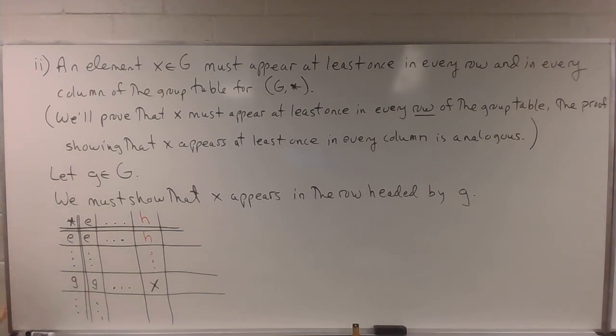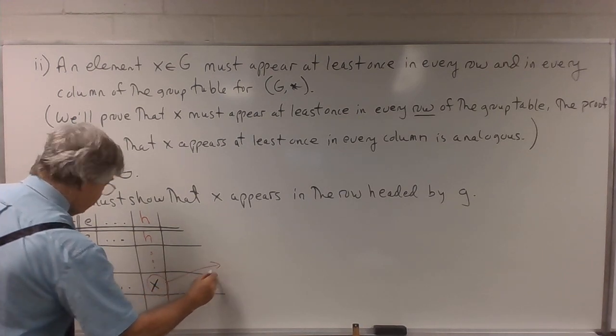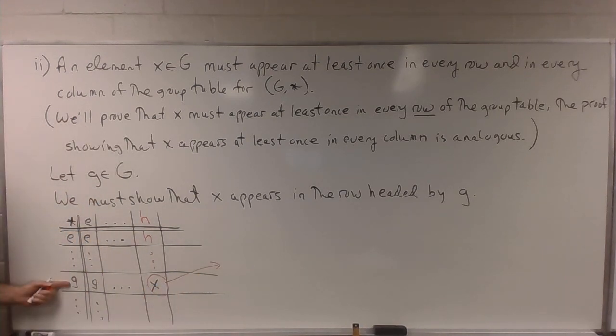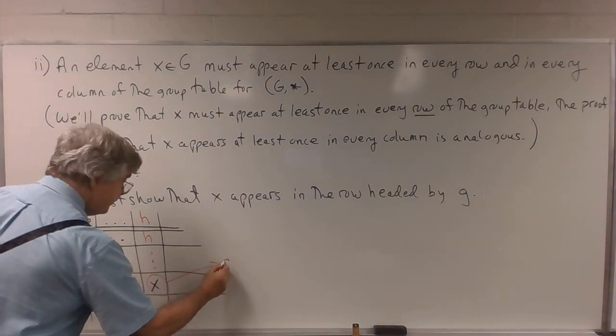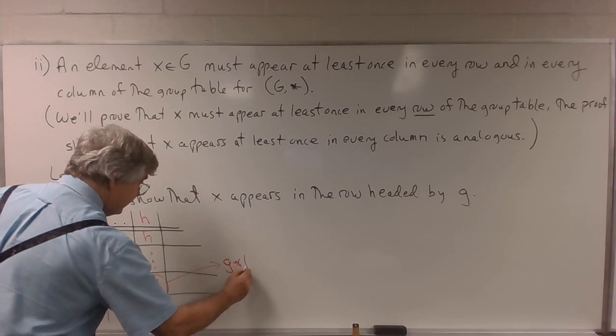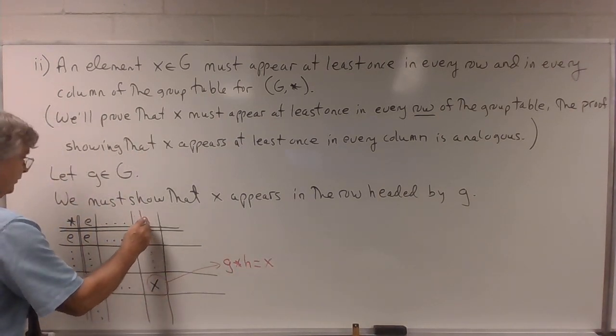So what does this mean? Well, let's take a look at what this element X is. If it appears in the row headed by g and in the column headed by h, what this means is that g star h equals X. That's what it means.